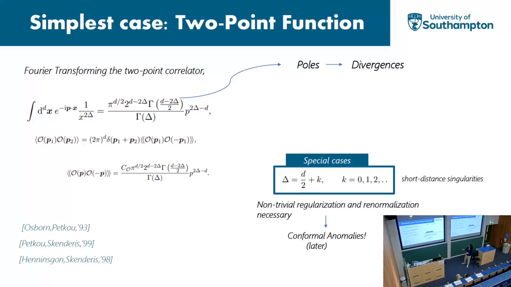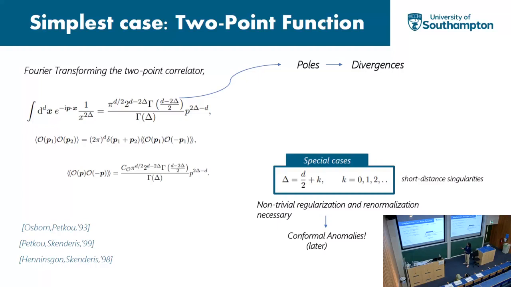For generic values of spacetime dimension D and the conformal weight Delta, this expression is well defined. But at special values of conformal weight Delta, particularly given by D/2 plus k, this gamma function will have certain poles, and that would lead to divergences in this correlator.